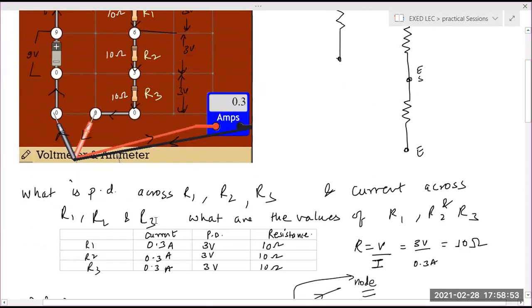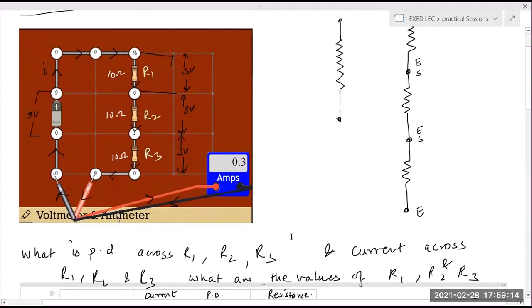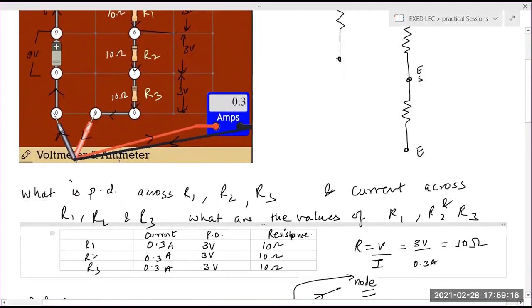In my table, the current is 0.3 amperes, the potential difference is 3 volts, and I can calculate resistance using the formula V by I. You put the value 3 and the value of I as 0.3, and it gives you 10 ohms. I hope this is clear.